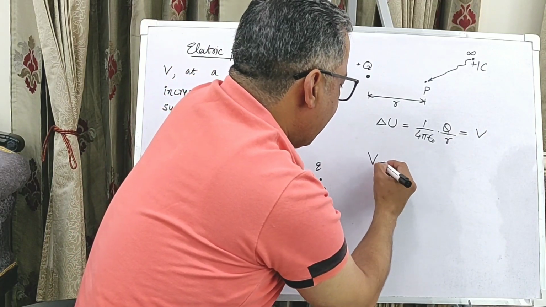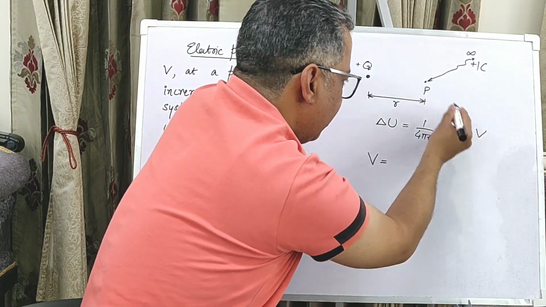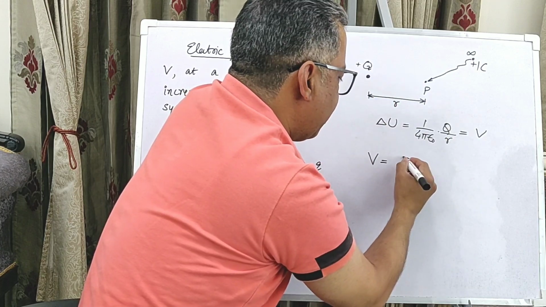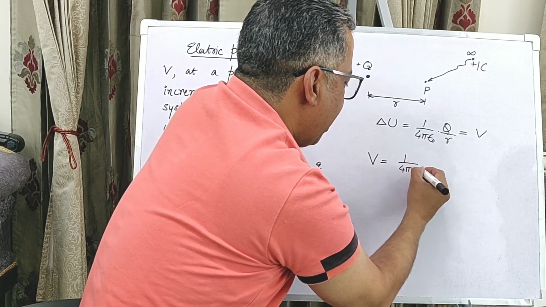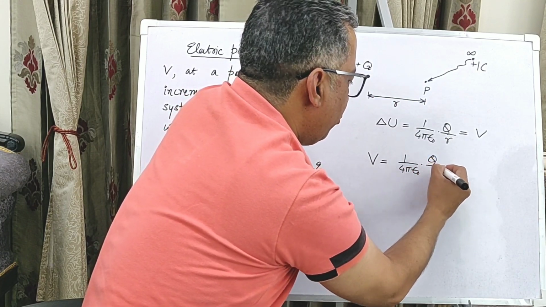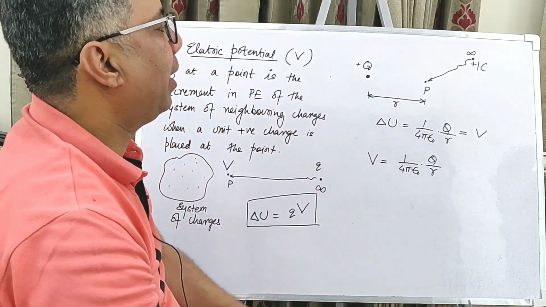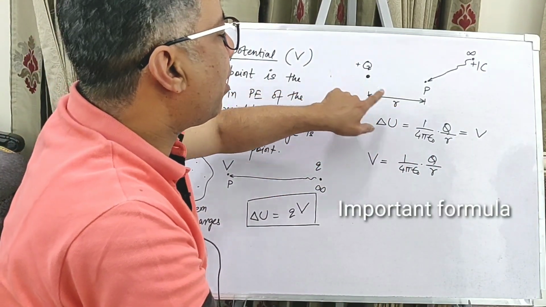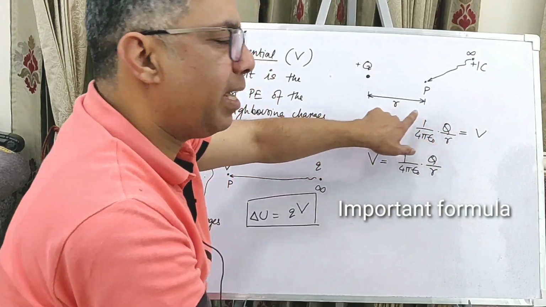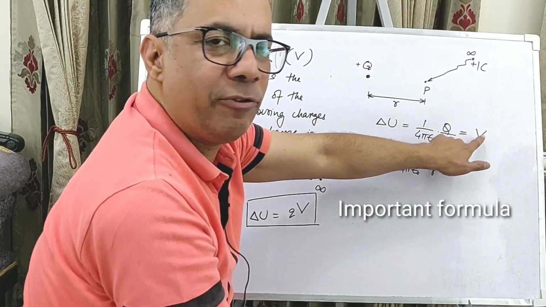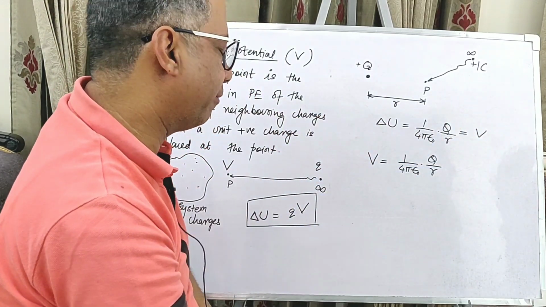So potential V at a point due to a point charge Q in its neighborhood is 1 by 4 pi epsilon naught Q by R. Now if this was a negative charge, this potential energy change would have been negative, and the potential therefore would also have been negative.